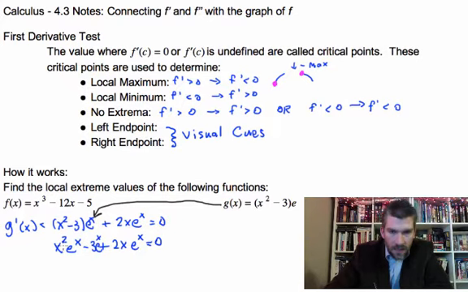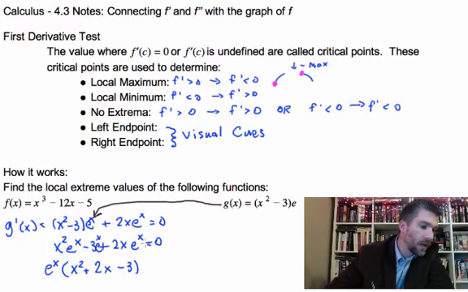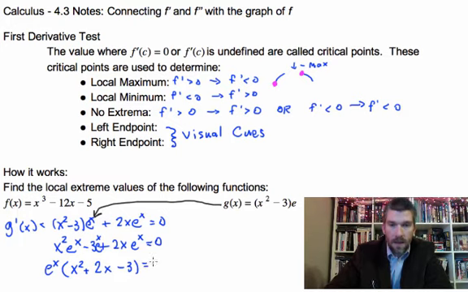And I've got e to the x in everything here. So I'm going to factor out e to the x, and that's going to get me x squared plus 2x minus 3. I think that's what it's going to end up being. Let me just double check. Okay, that's it.